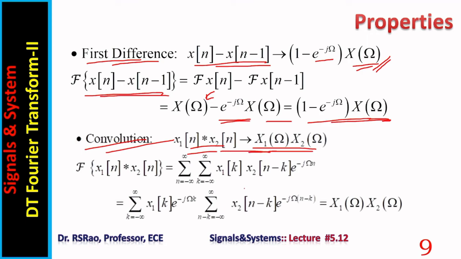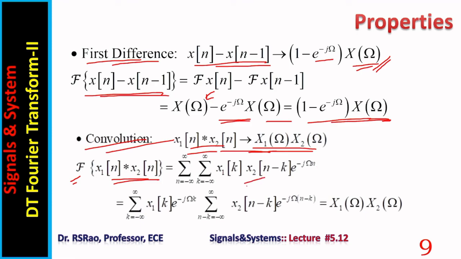To see a little bit more deeply into this property, consider DTFT of convolution of two signals x1 and x2. By definition, it is equal to sigma n minus infinity to infinity, sigma k minus infinity to infinity, x1 of k multiplied by x2 of n minus k e power minus j omega n.